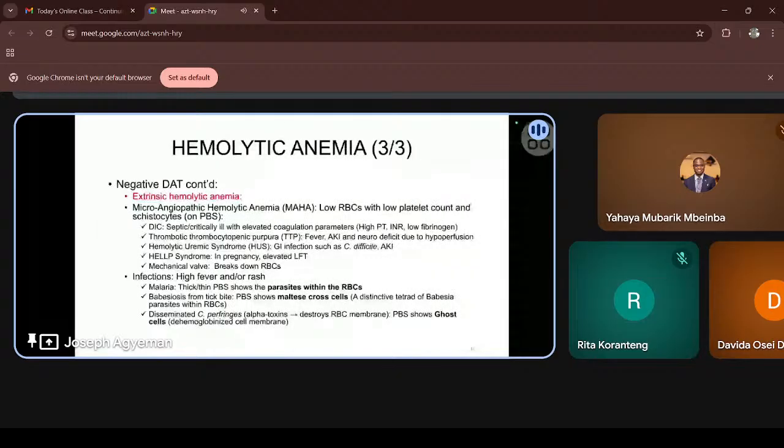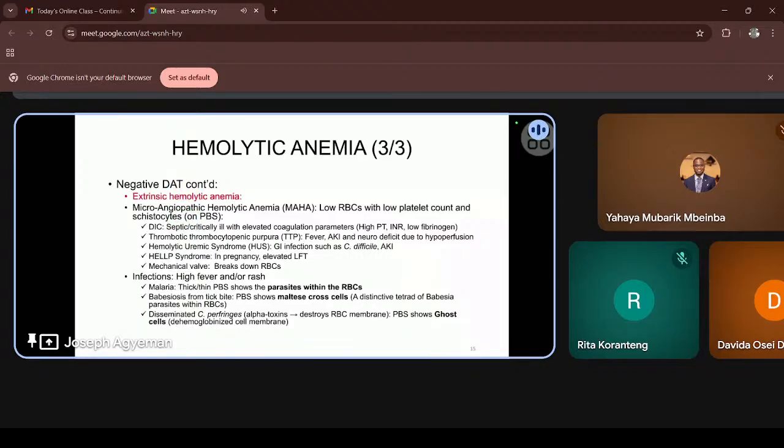And then unfortunately, cardio patients, those who have implanted artificial mechanical valves. The artificial one, of course, can never be the same as the one created by the Almighty. So the artificial ones may be too hard for these red cells. As and when the red cells pass through the valves, they are stripped by these artificial ones, and that stripping is enough to shatter the red cell.